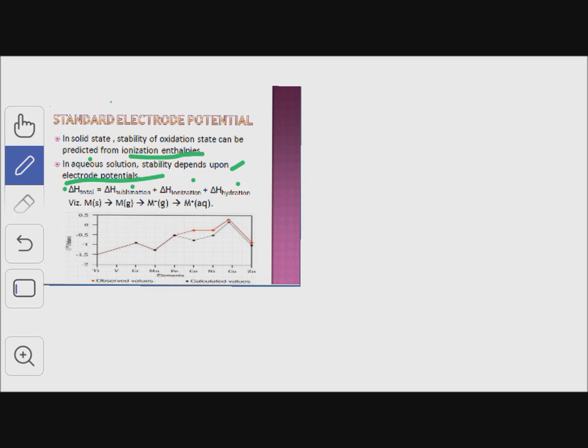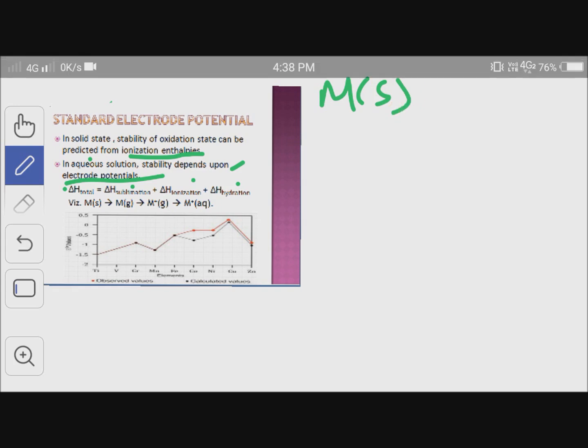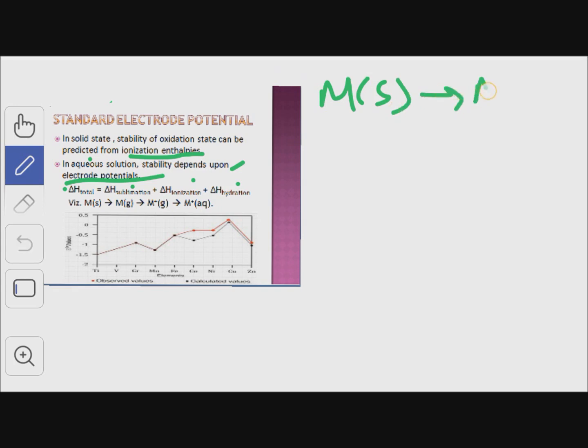Enthalpy of sublimation means when a metal is converted into a gaseous atom, then the enthalpy required is called the enthalpy of sublimation.